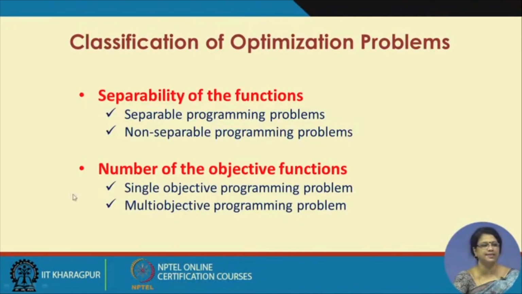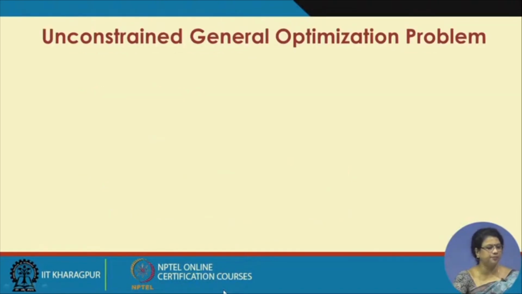In general, we can have multi-objective linear programming problems and multi-objective non-linear programming problems. That is why all these are the types of models available in literature till date. I will show you one by one what I meant.